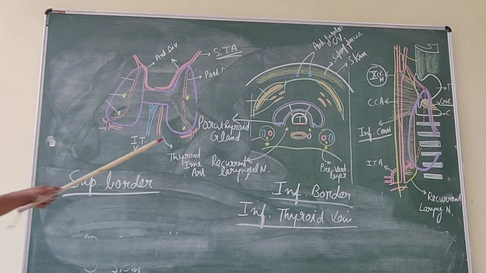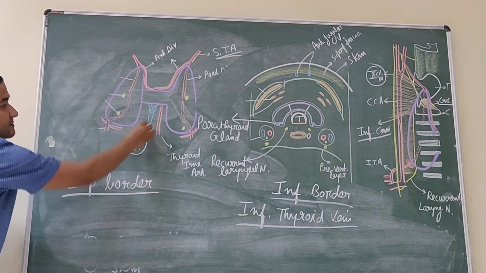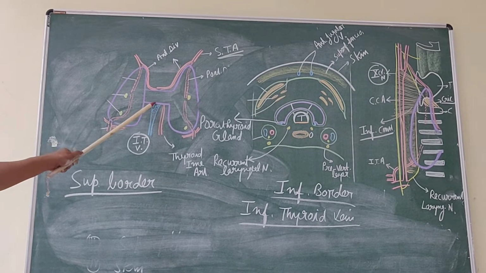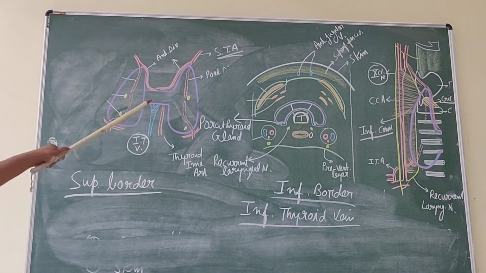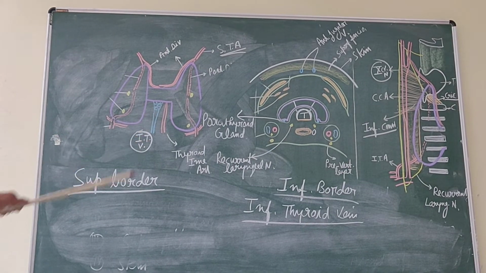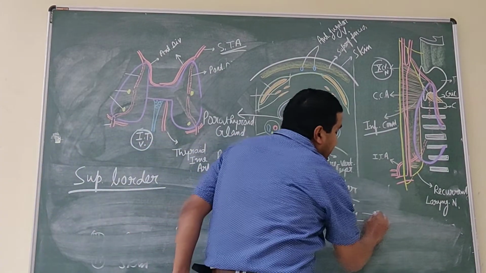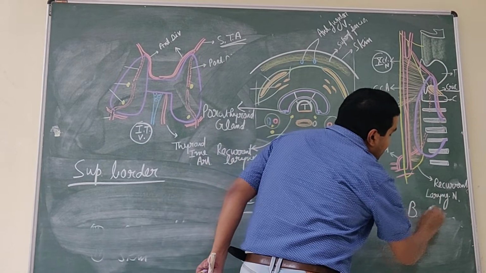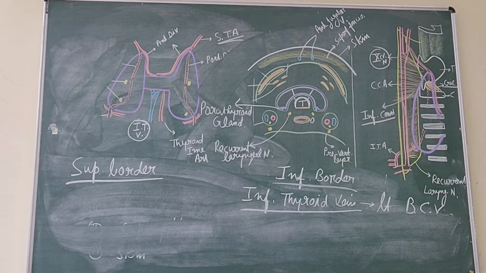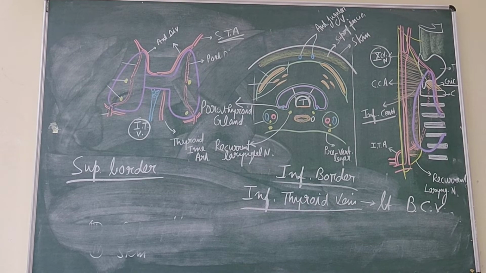This inferior thyroid vein comes out from the lower border of the isthmus. It forms a plexus in front of the trachea and drains into the left brachiocephalic vein. So the inferior thyroid vein is always present.